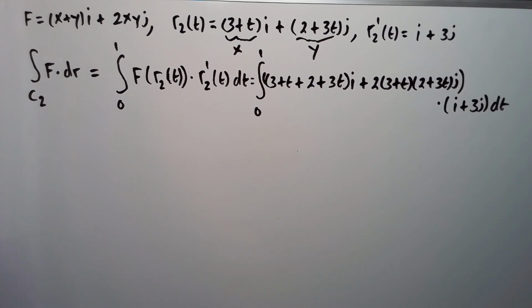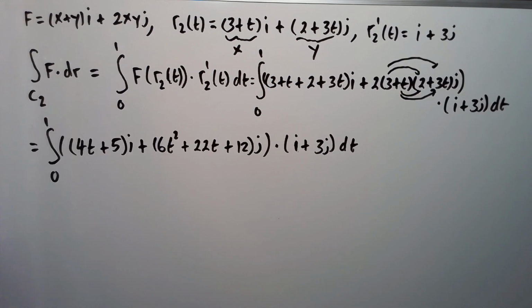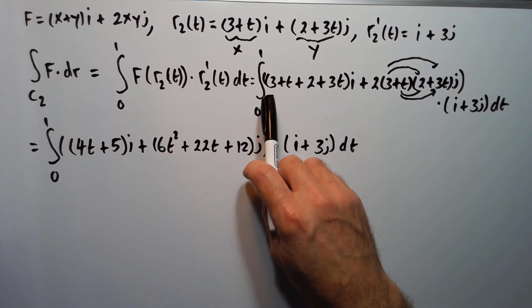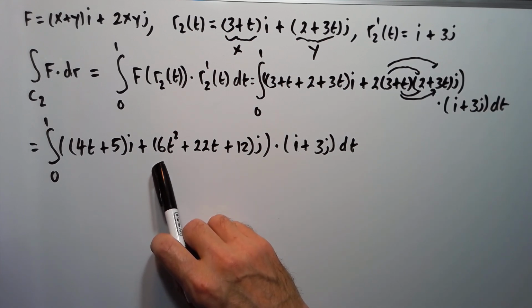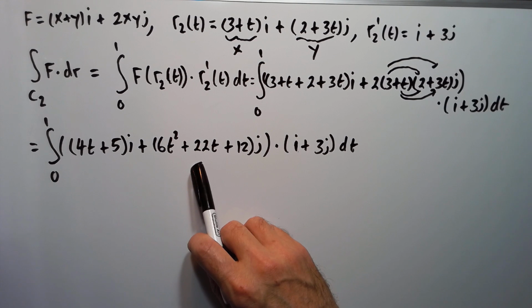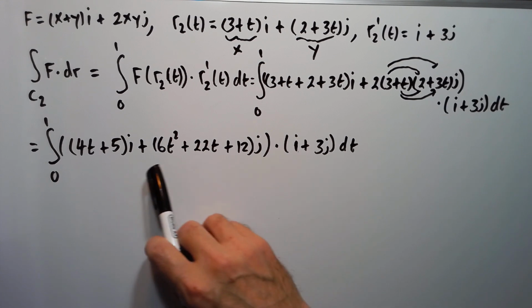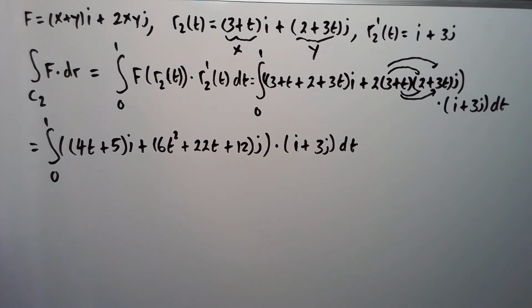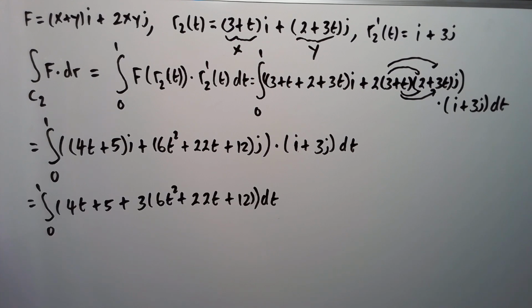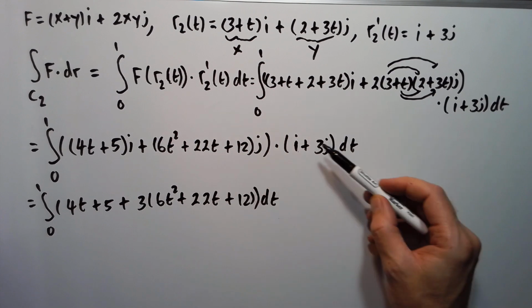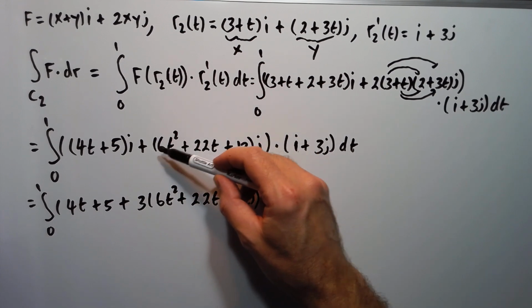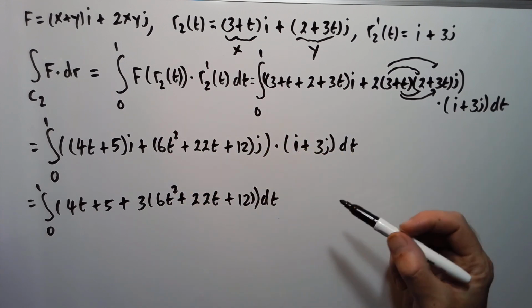Okay, so let's do that. Simplifying, you have t and 3t would be 4t, 3 and 2 is 5. And multiplying this stuff out, I'll let you check, it's 6t squared plus 22t plus 12. Now we'll do the dot product. Doing the dot product, it'll be i times i, 4t plus 5, and then j, 3 times the j component, 3 in front here.